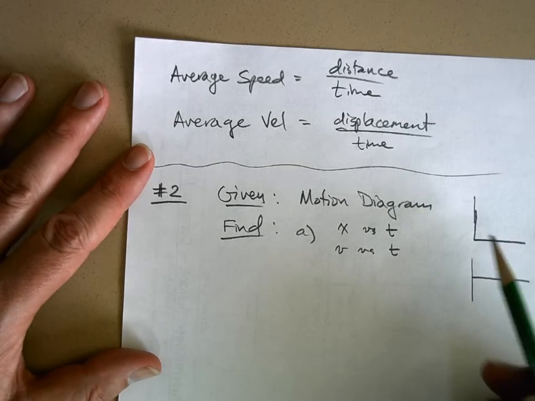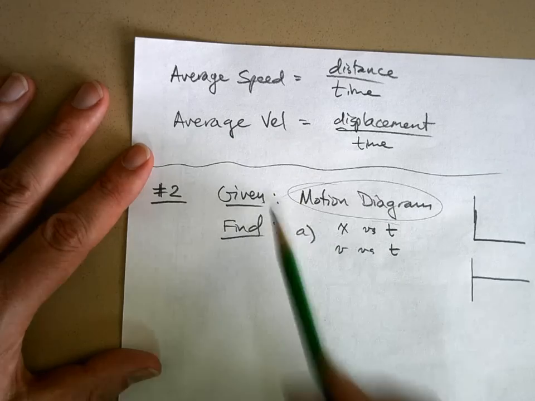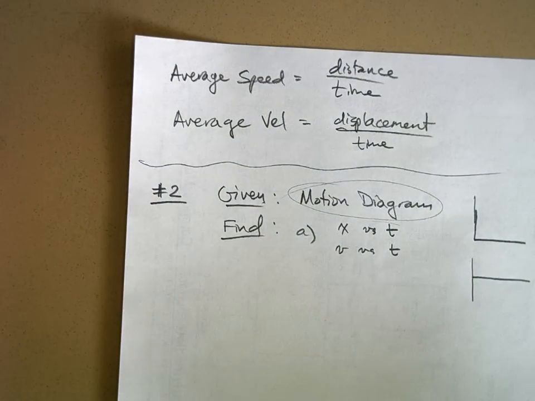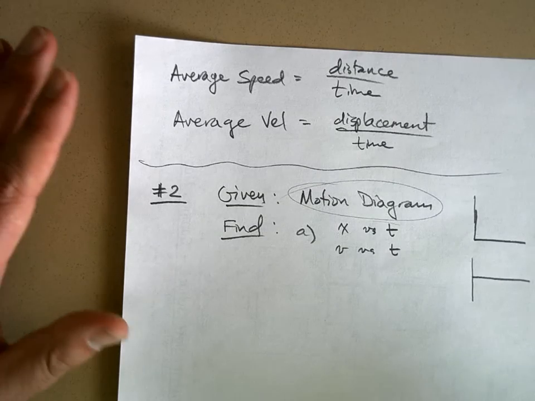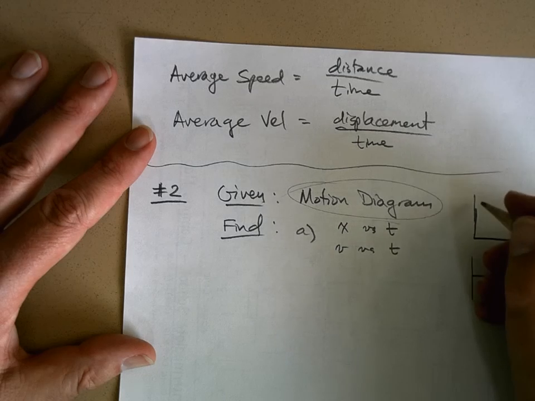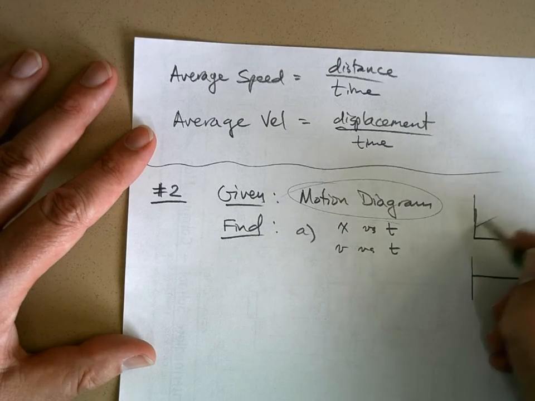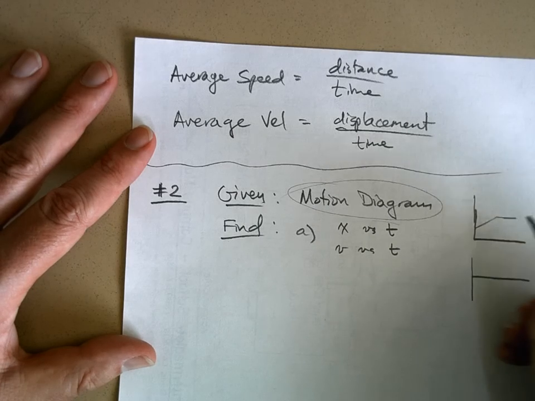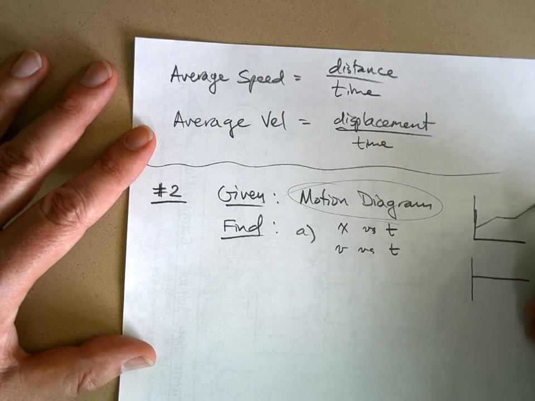Now when you take this motion diagram, it's going to look kind of goofy. It might look something like, you know, you increase and you do this and then maybe go up again when you plot it.